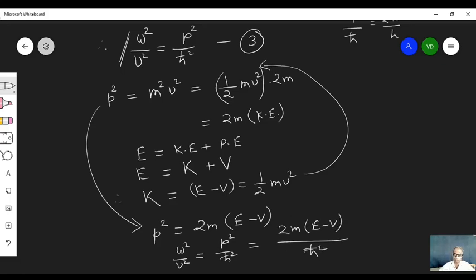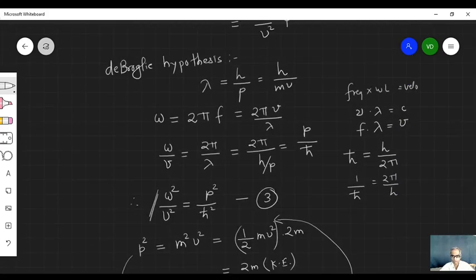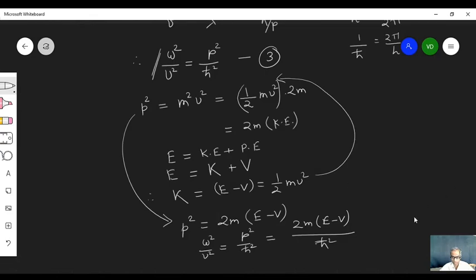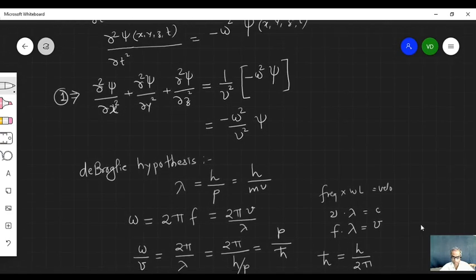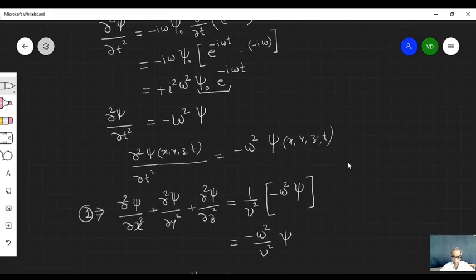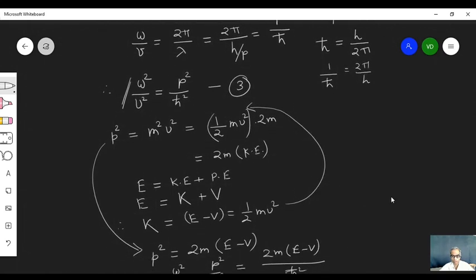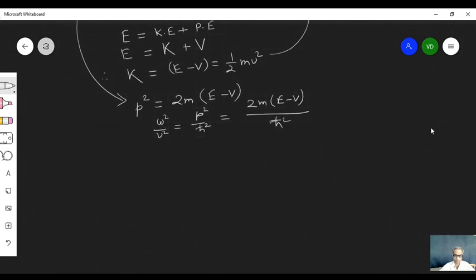So putting this value in equation 2, let me draw the equation here, this one, say equation A. So we can put this value of omega square upon v square here.